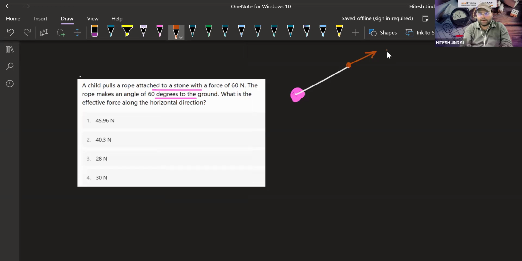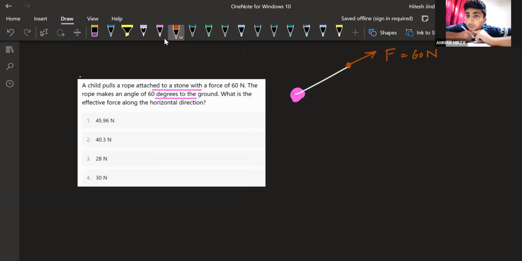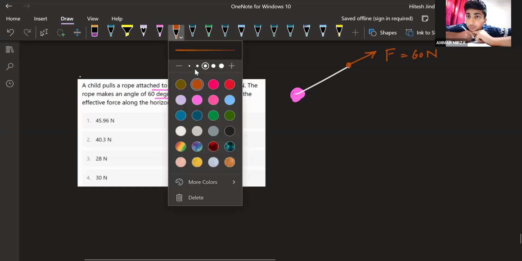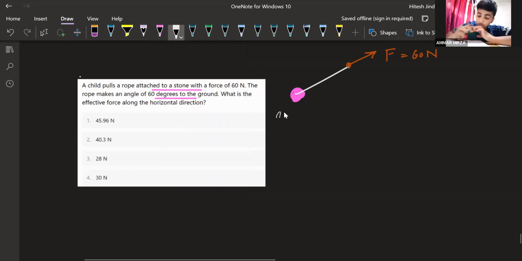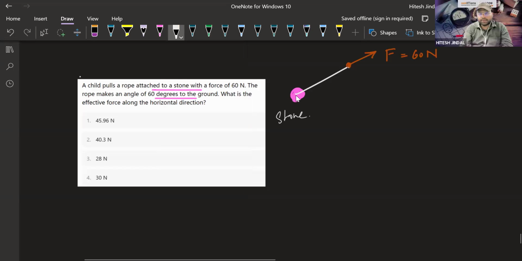F is 60 Newton. This is the stone, and this is the ground. How much angle is this rope making with the ground or with this horizontal? 60 degree, right? So this is 60 degree.